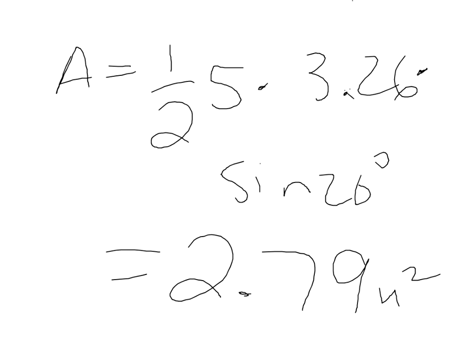You can have one side and two angles, and in each case you find either the missing angle or the missing side, and use the 1/2 AB sine gamma formula. The next video has the formula for when you have the three sides.